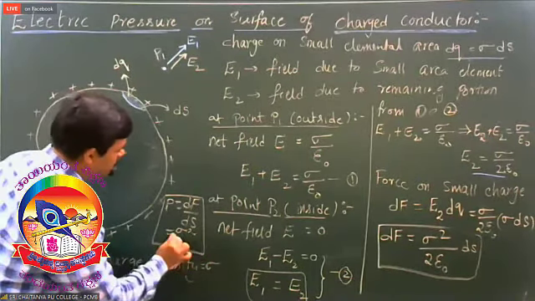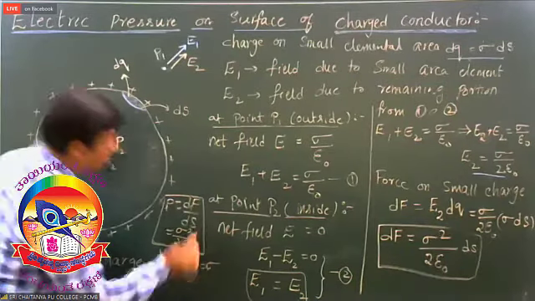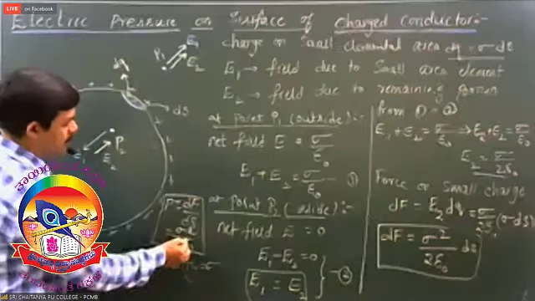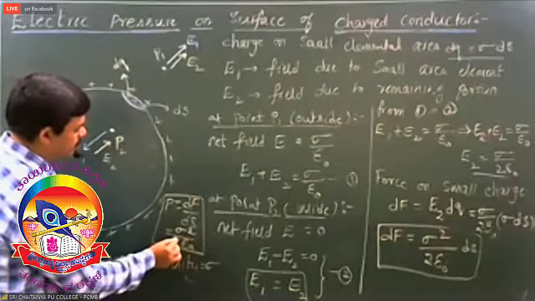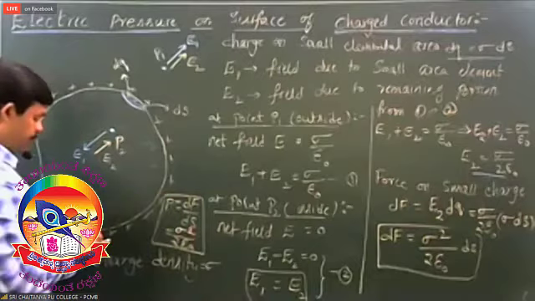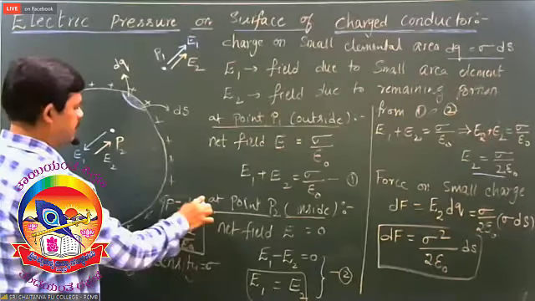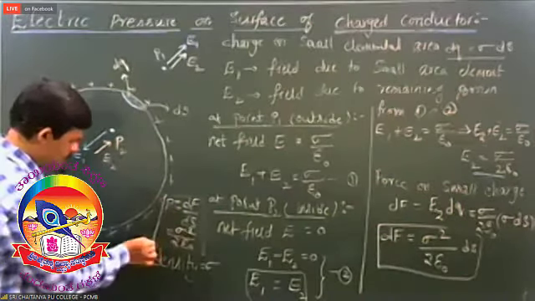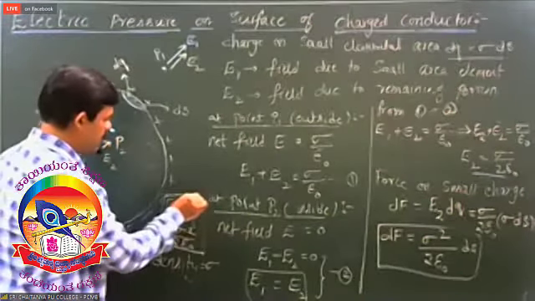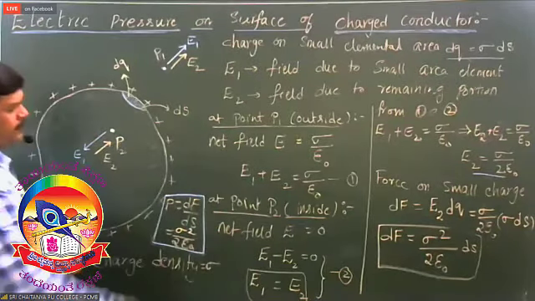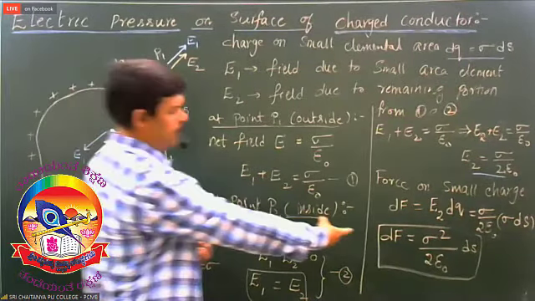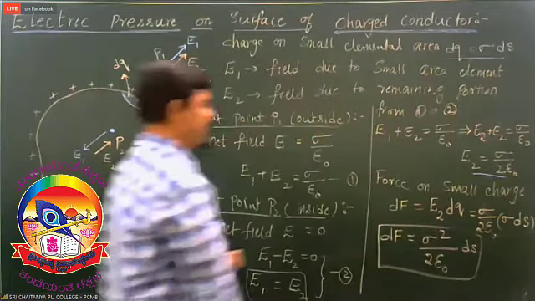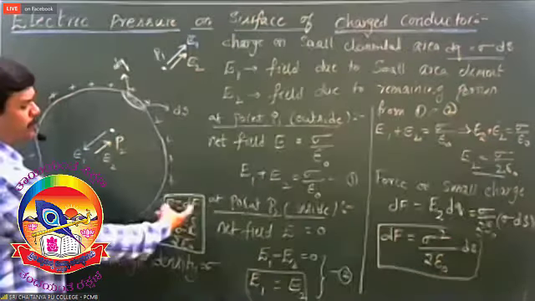Sigma square by 2 epsilon naught. This is the pressure acting on it. Here you have df equal to sigma square by 2 epsilon naught times ds. Bring this ds to this side. We know the formula for pressure: pressure is equal to force by area.